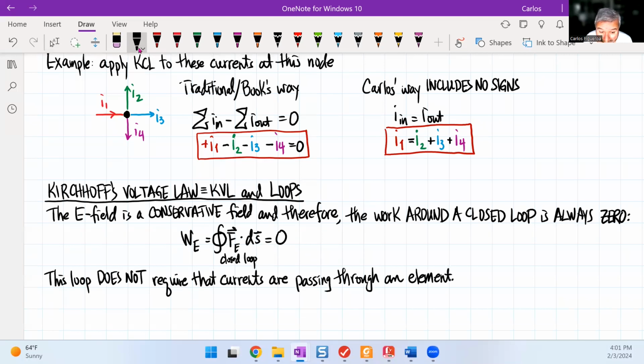And believe it or not, that is a really hard thing to learn. So this loop does not require that currents are passing through the elements.